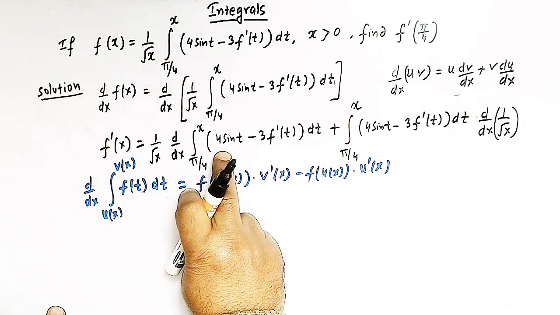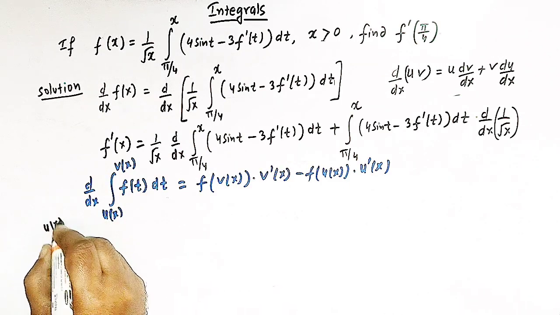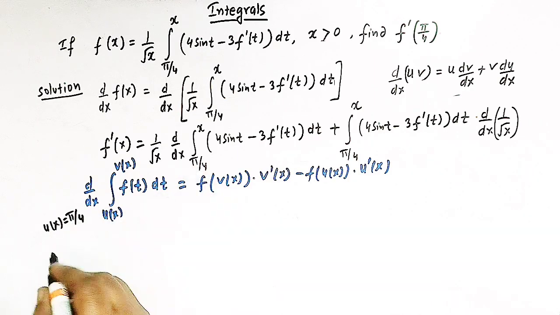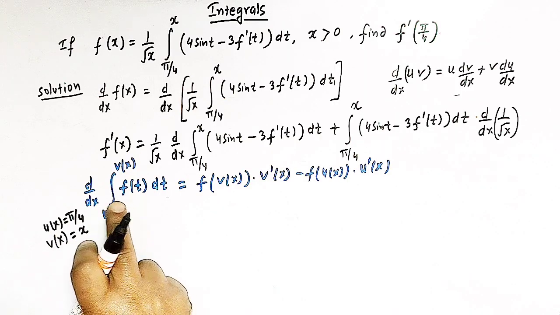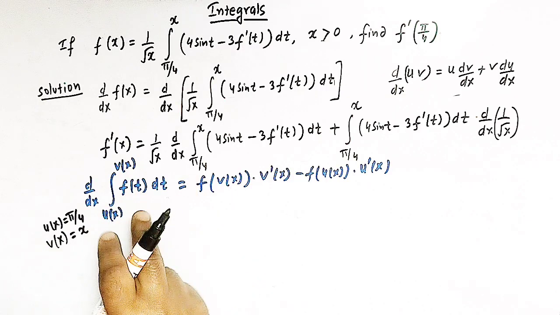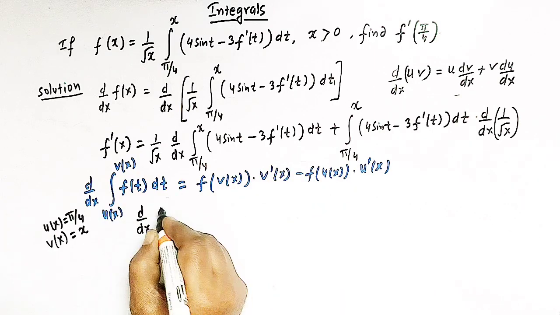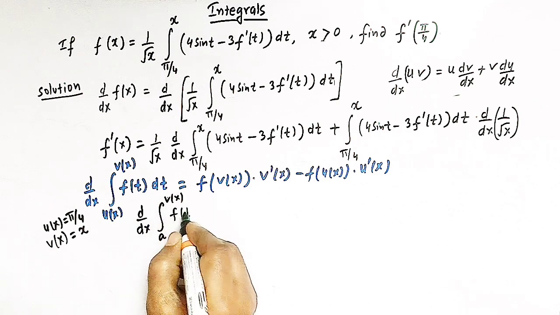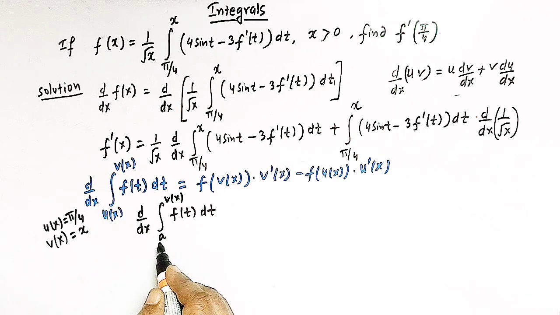Now if we compare this integral with this one, then u(x) is given by pi/4, which is a constant, and v(x) is given by x, right? Since the lower limit is a constant, we can slightly modify the Leibniz integral rule. We have d/dx of the integral from a to v(x) of f(t) dt, where the lower limit is a constant.